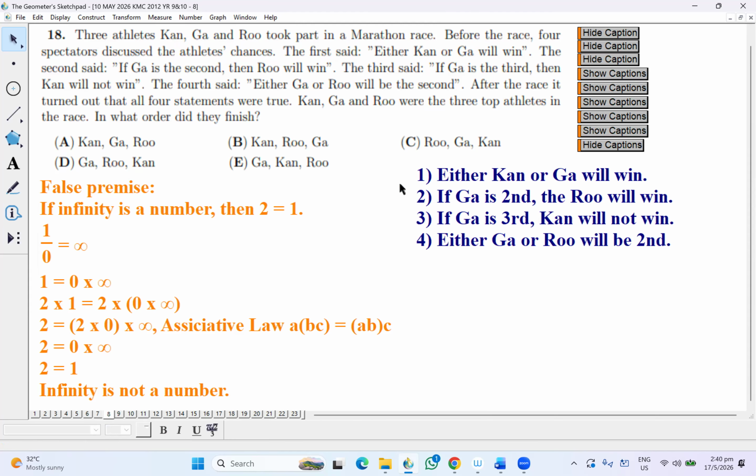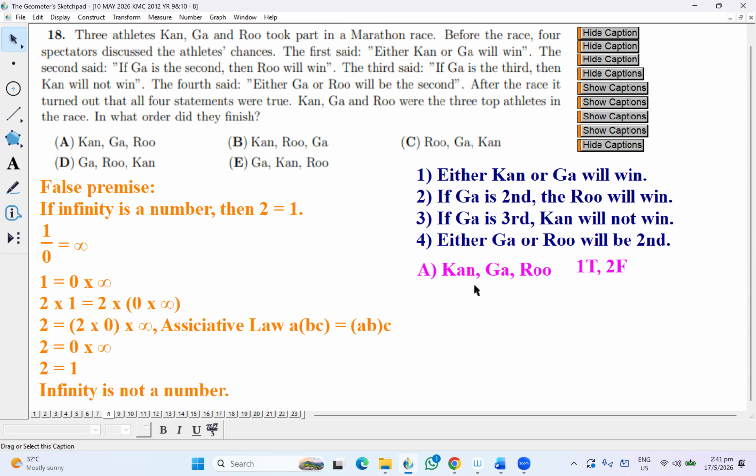Okay, we write out the statements made by the spectators so that we can refer to them. Then if the order is Kang, Ga, Ru, you check. First statement, either Kang or Ga will win.